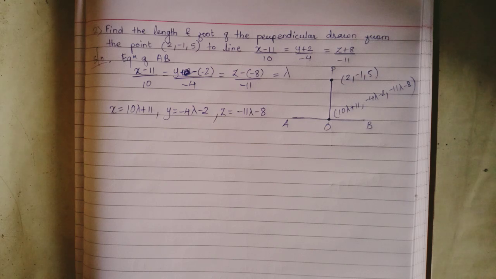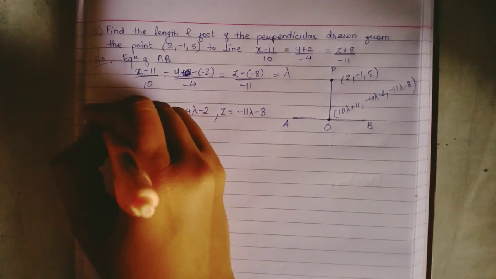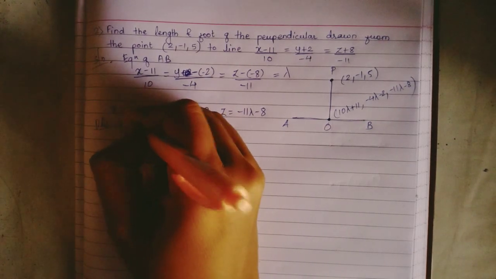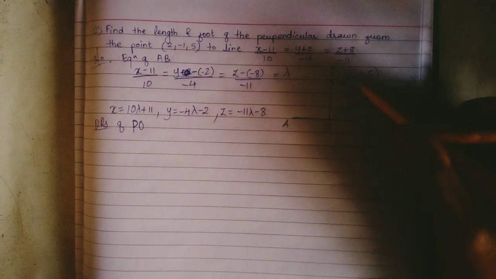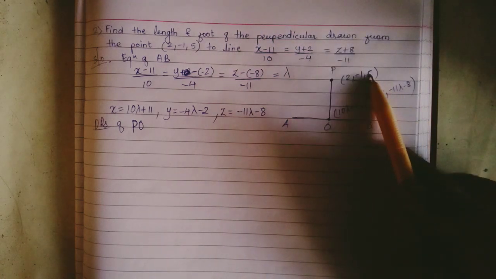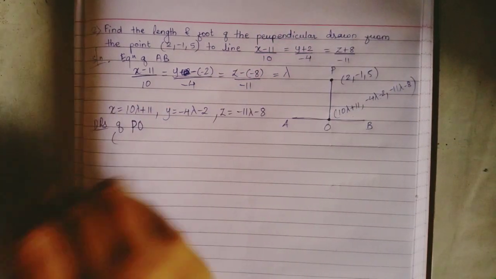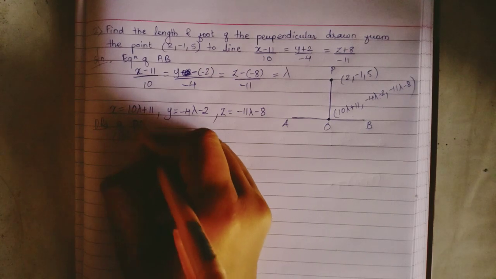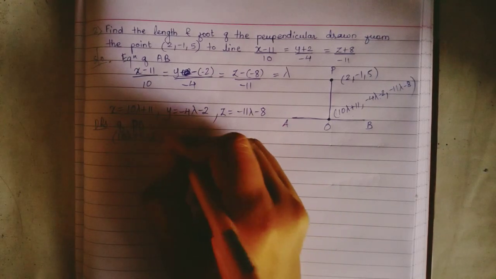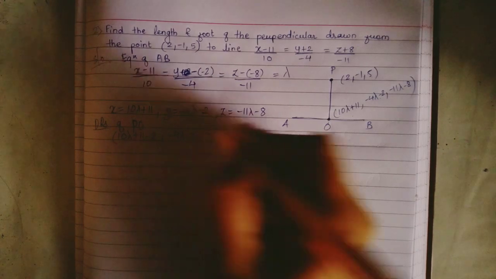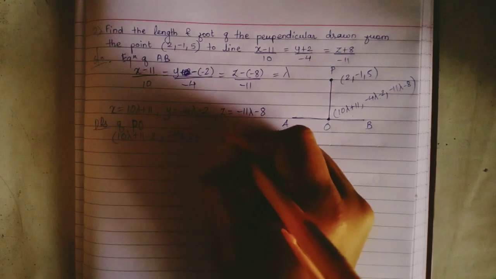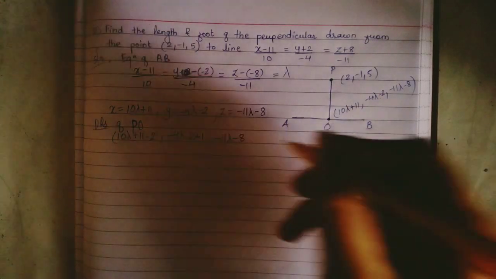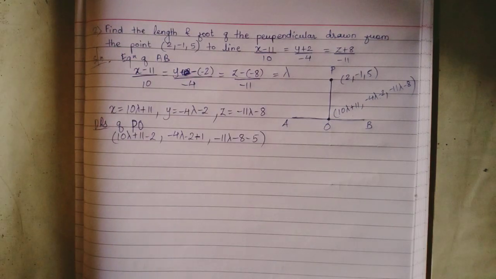Now you have to find the direction ratios of line PO. Direction ratios are given by x2 minus x1, y2 minus y1, and z2 minus z1, right? So this will be 10 lambda plus 11 minus 2, minus 4 lambda minus 2 plus 1, then minus 11 lambda minus 8 minus 5.